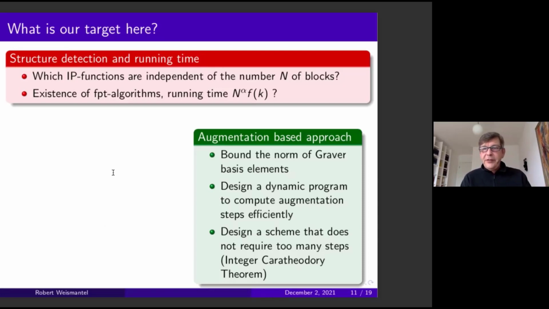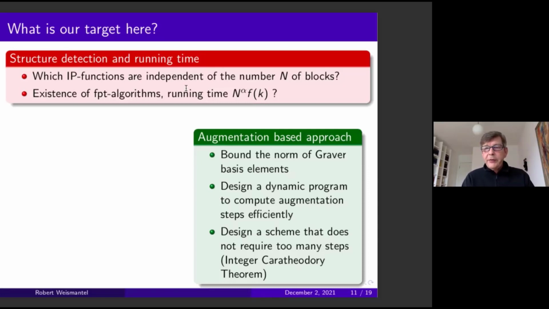So FPT stands for fixed parameter tractability algorithms. And what this means is that you are aiming at a running time which is in the order N to the alpha, where N is the number of these blocks, times a function that depends on a parameter k. This is what you would like to get.